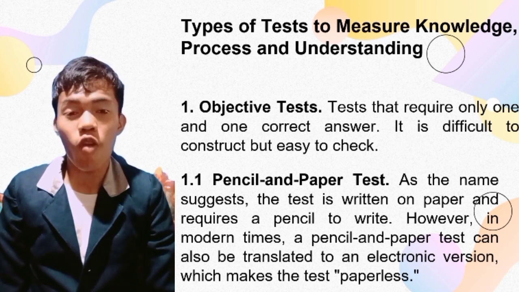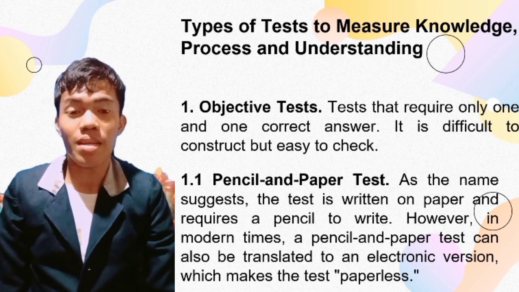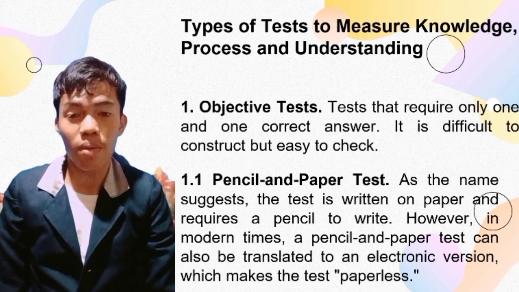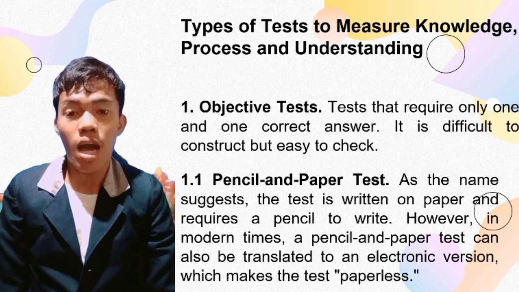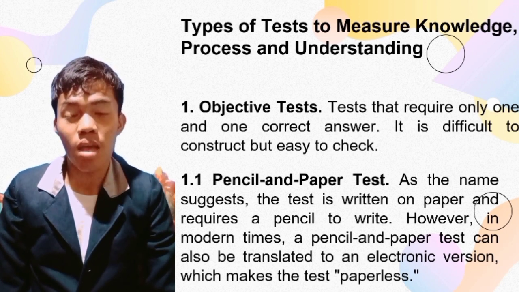One specific type of objective test is the pencil and paper test. This test is called so because it involves writing answers on paper using a pencil. In the traditional approach, the teacher provides a test booklet and we as students use a pencil to mark our responses.